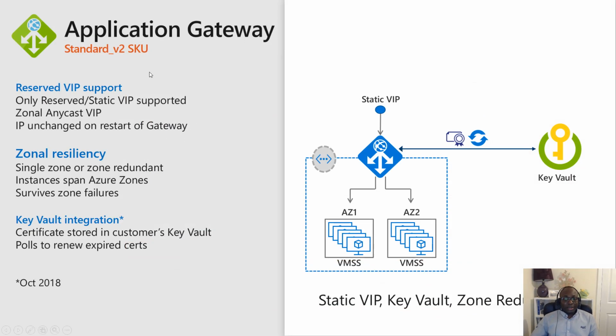And again, this is just going into a bit more detail on what we talked about. Like reserved standard virtual IP, zonal resiliency across availability zones. The static virtual IP and the key vault integration are available in standard version 2.